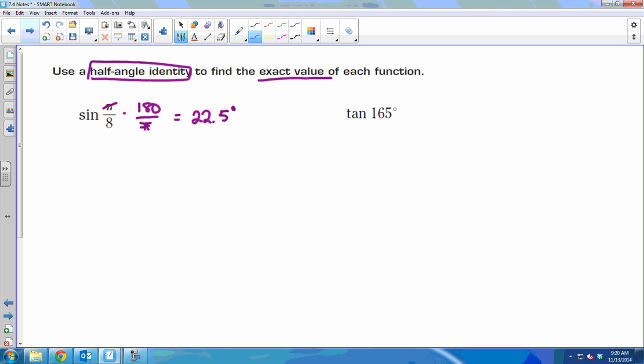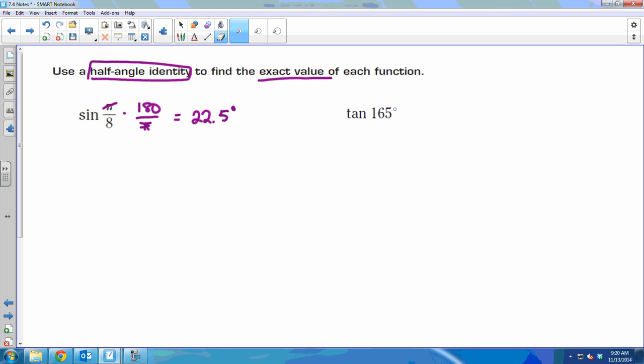Perfect example of why you can't find 2 angles on the unit circle to add up to get 22.5 degrees. Right? It's not going to happen. So we use the half angle identities. And if you notice in all those identities, it has alpha divided by 2. Right? This right here is not alpha. You're going to find the double of this angle, and that's going to be alpha, because that angle divided by 2 would be this.